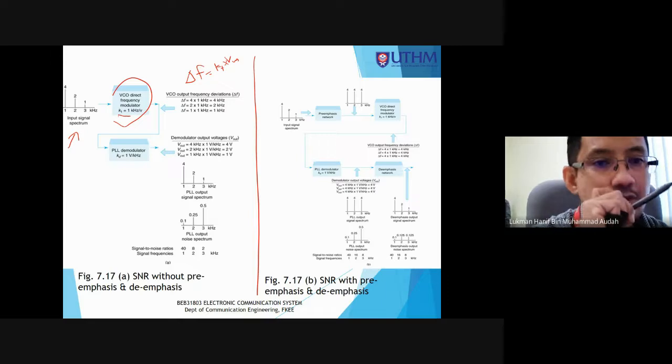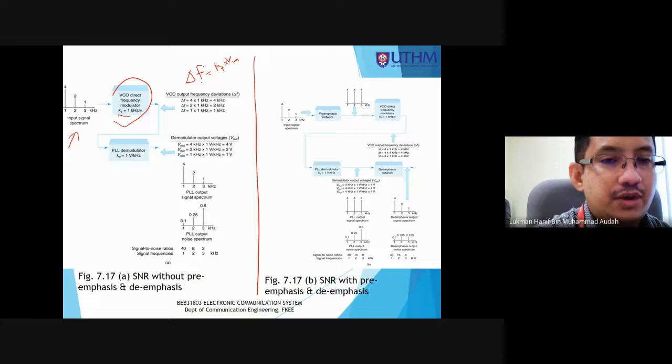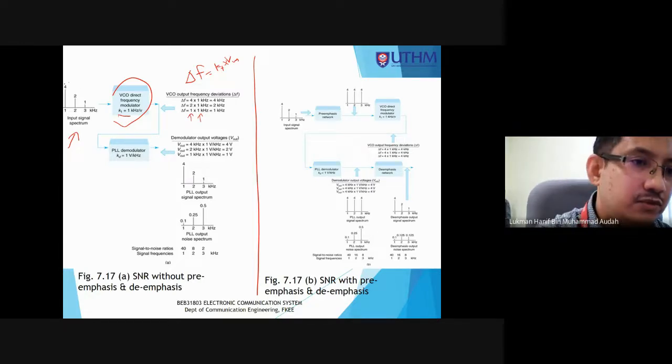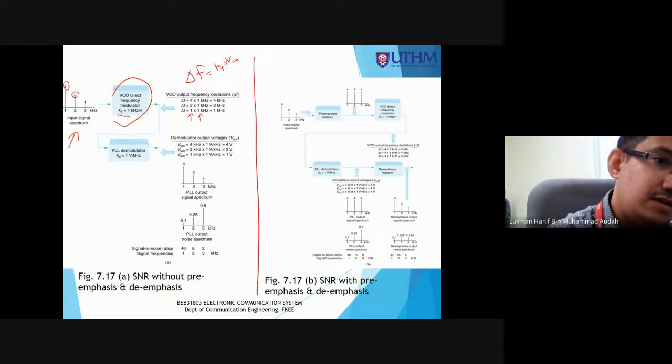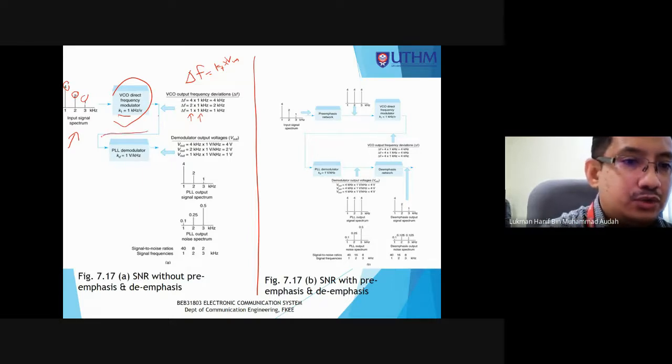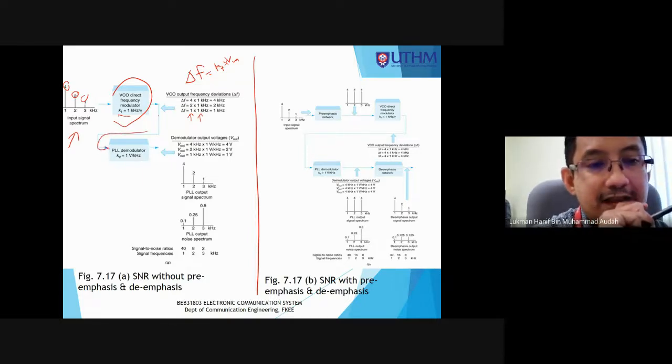Here you have a delta F1, KF is 1 kilohertz per volt, multiplied with VM. VM here is 4 volt, 2 volt, and 1 volt. And this output goes to the input of the PLL, phase lock loop demodulator.